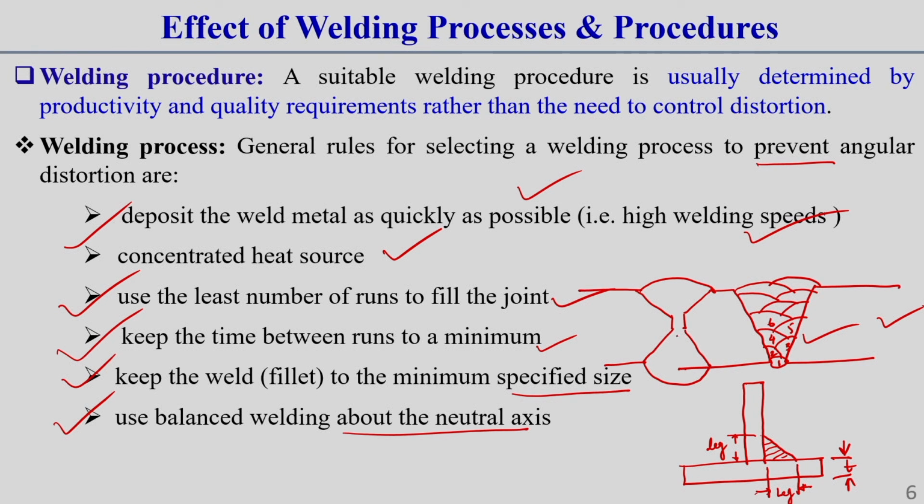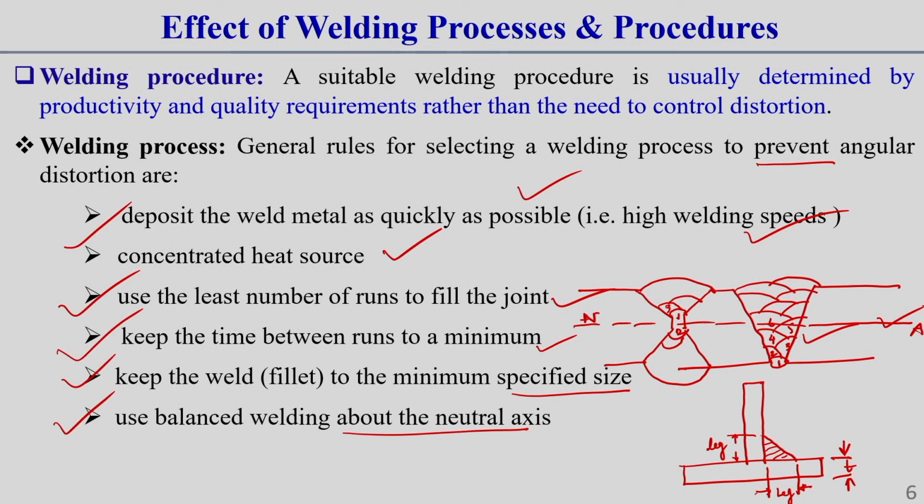Here you can see, this is called the neutral axis of this plate. So, in this thick section type of plate, instead of single V welding, if we do this double V welding, then generally we can balance it: on this side the first run, on the other side we do the second run, then this side the third run, fourth run, like this.